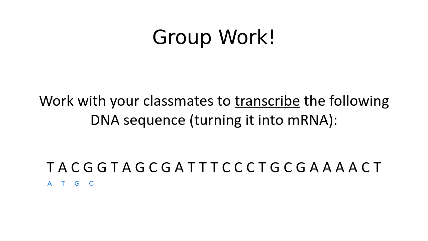But on this slide, I'm asking you to do transcription. I'm asking you to build me RNA. When we build RNA, this is what the beginning of our sequence would look like. So here's what you would actually build for me right here. And then we keep going from there. But the emphasis is that my U is very different because we're doing mRNA. So anytime I have a U, I've got RNA. Anytime I have a T, we're talking about DNA.